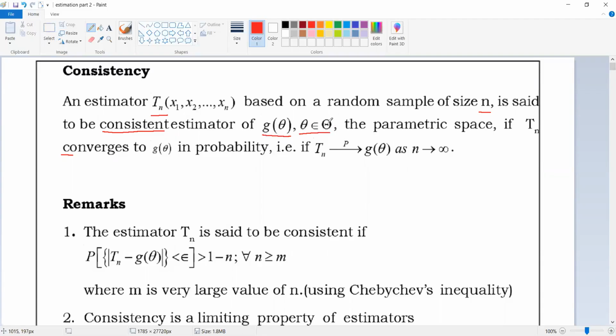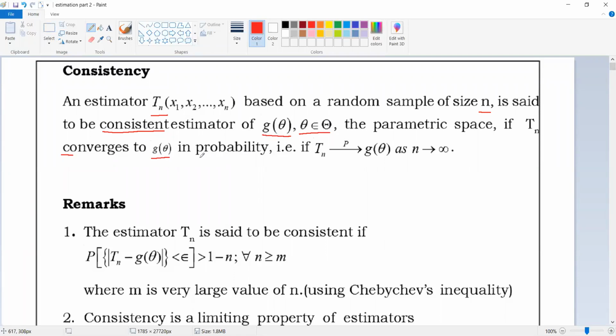Already explained, H circle is the parametric space. The theta is a part of the parametric space. If Tn converges to g of theta in probability, convergence in probability is an advanced, modern probability concept.